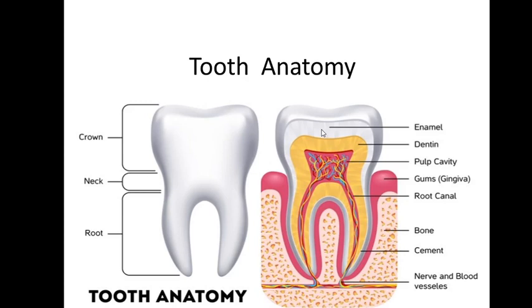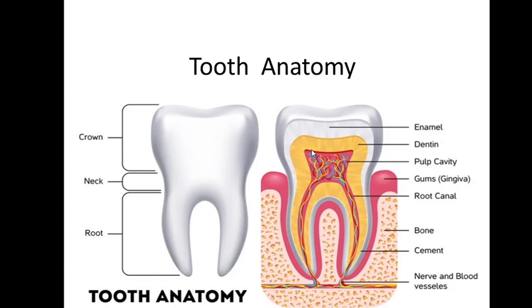In the case of dentine, dentine is a hard tissue that is yellowish in color. As you can see here, it is yellowish in color, and it is also hard tissue.